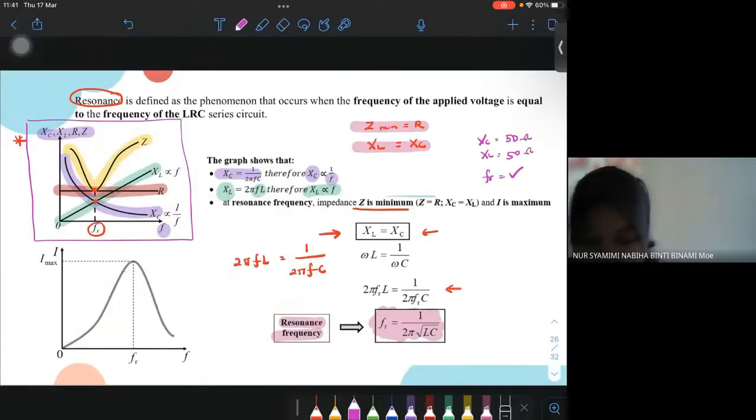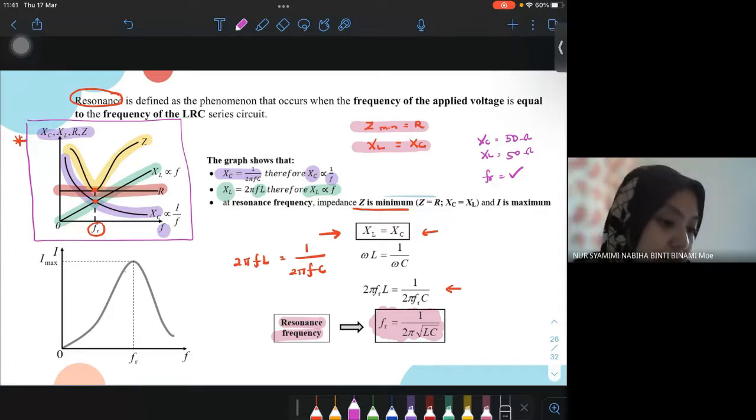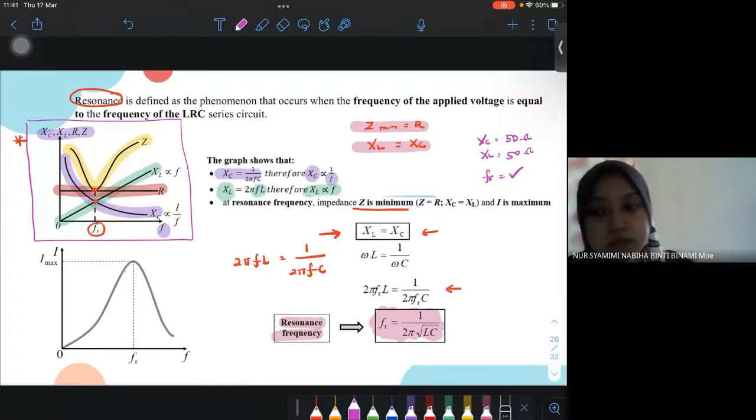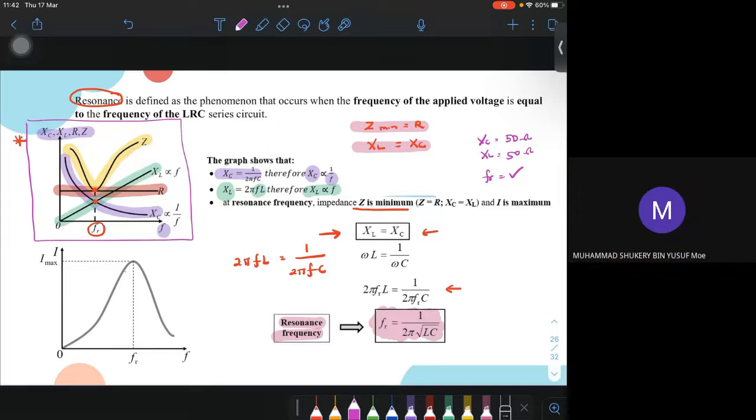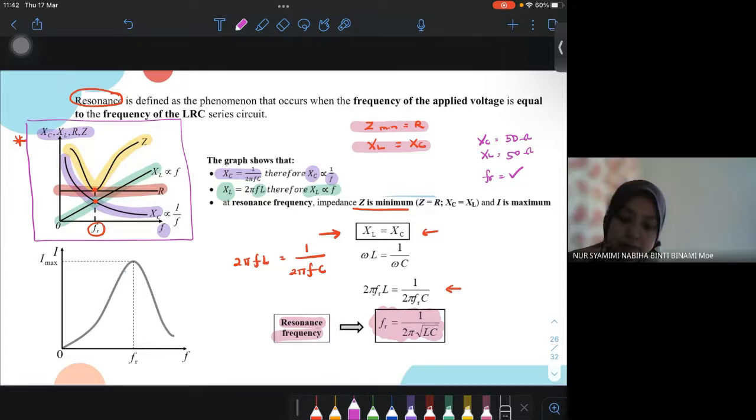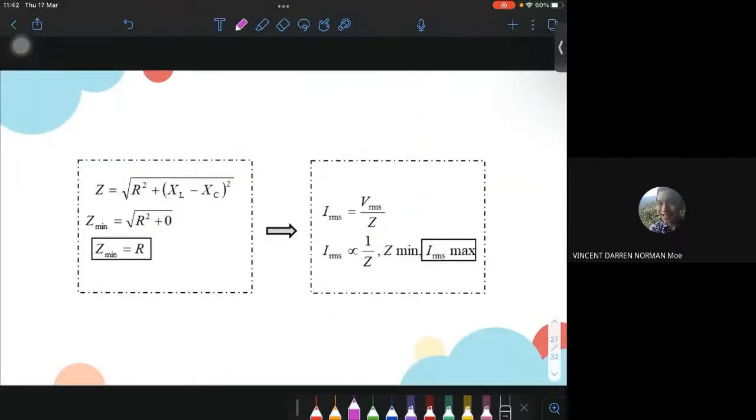Okay, alright. Ada soalan tak resonance frequency? Ada soalan? Tidak, Miss. Tidak. Tiada, madam. Okay.